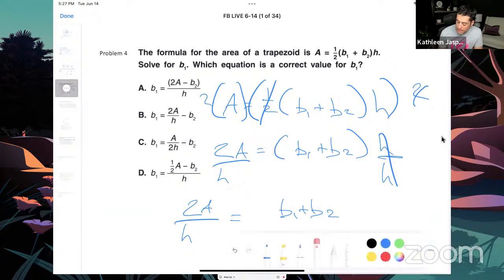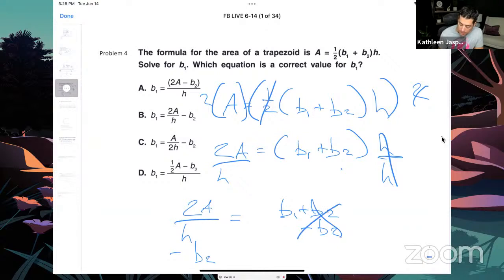The last thing I need to do is to just get b1 by itself. And to do that, I can just subtract b2 because b2 is being added to b1. Do the opposite, which is subtract. So we go ahead and subtract b2. That's going to cancel out.